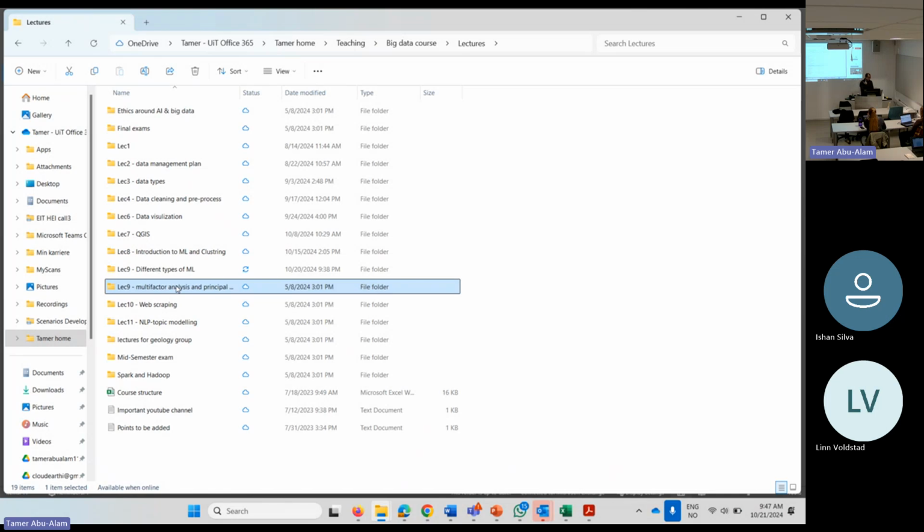And then we will go for natural language processing, a lecture for the geology group. And then Spark and Hadoop, which will be a very short introduction. And the midterm exam, we already made it. I think we still have like 4 lectures more. How many weeks do we still have? 1, 2, 3, 4.